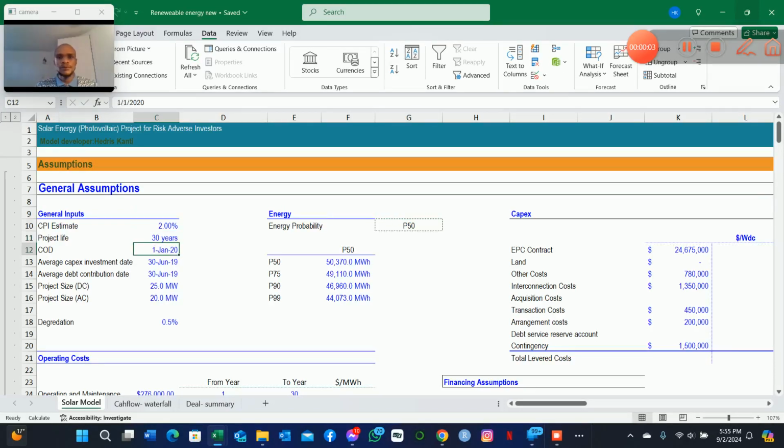So welcome back. As we described in the previous video, the commercial operation date, we also have here the DC and the AC, which stands for the direct current and the alternate current.